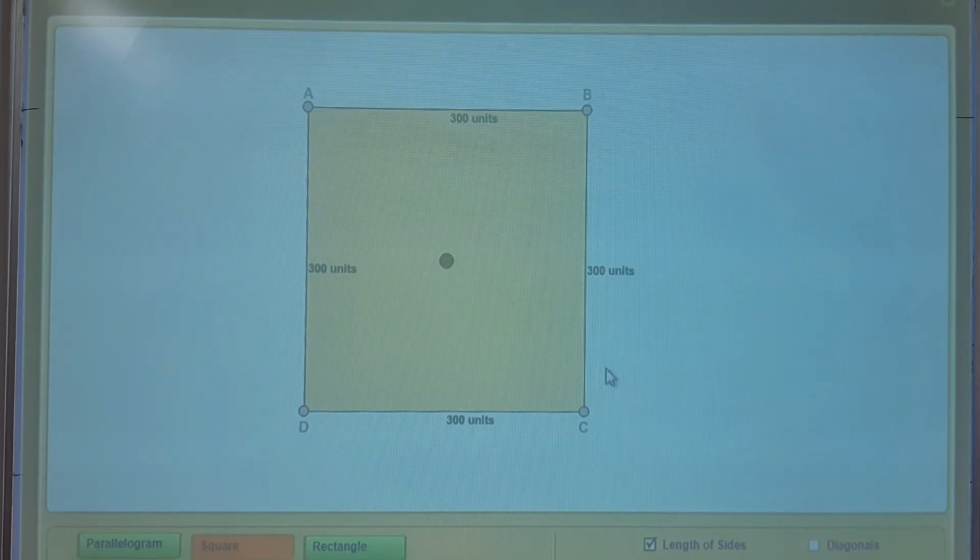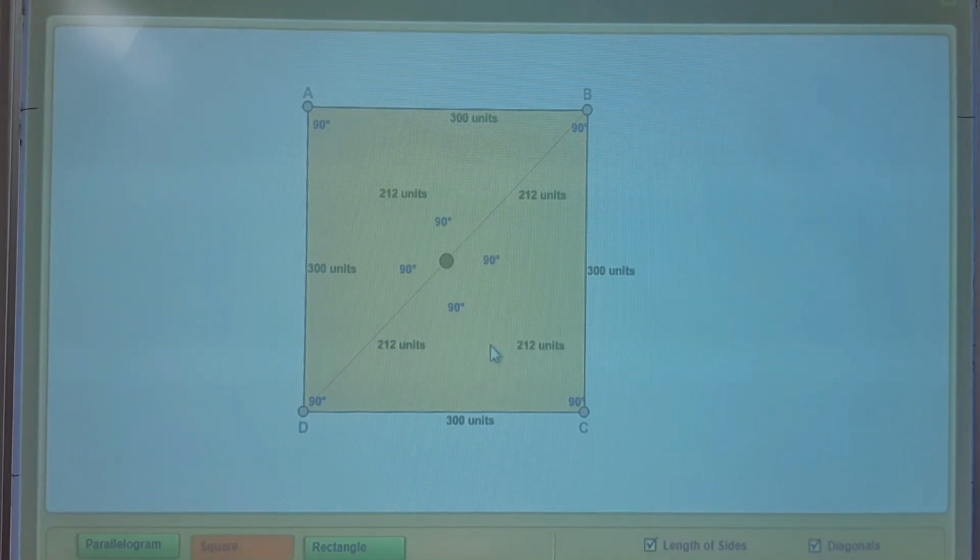So, opposite sides are parallel. What about the angles, children? Angles are 90 degrees, that means right angle. And then what about the diagonals? Diagonals are equal, and diagonals are perpendicular bisectors of each other. Perpendicular bisectors of each other means 90 degrees. See, 90 degrees. Perpendicular means 90 degrees.